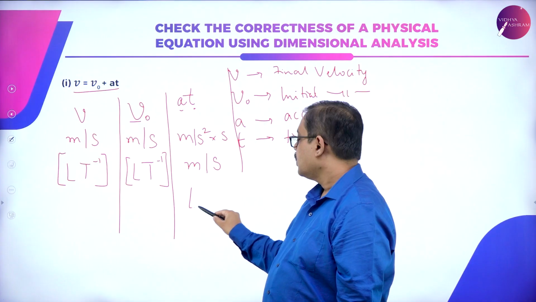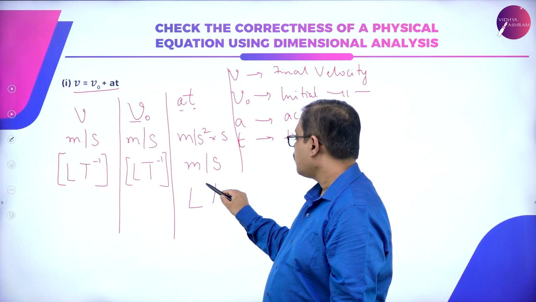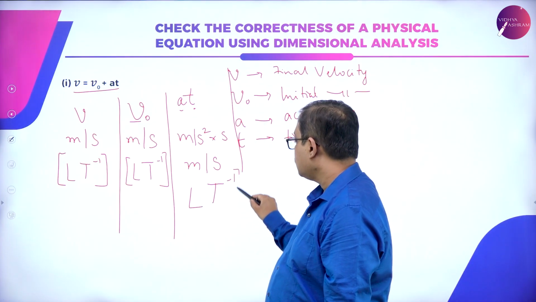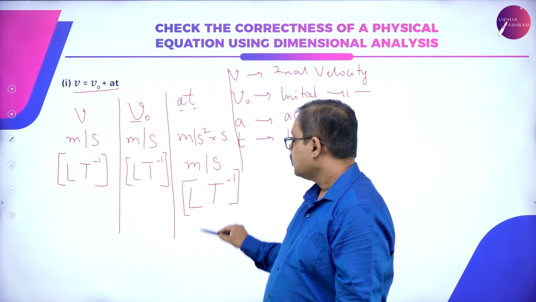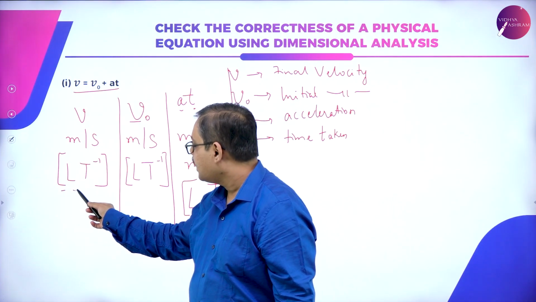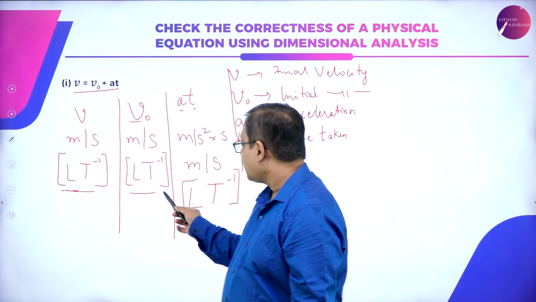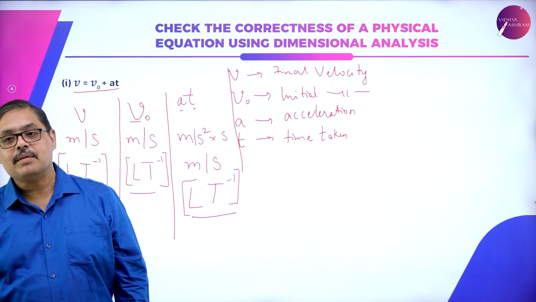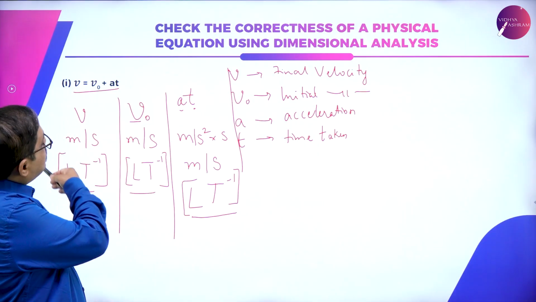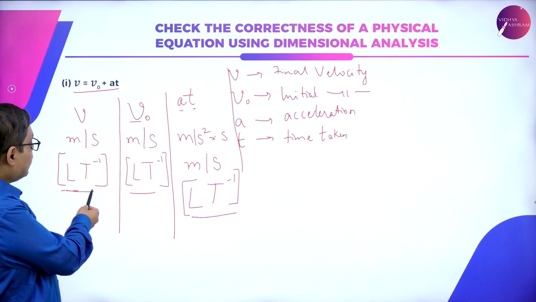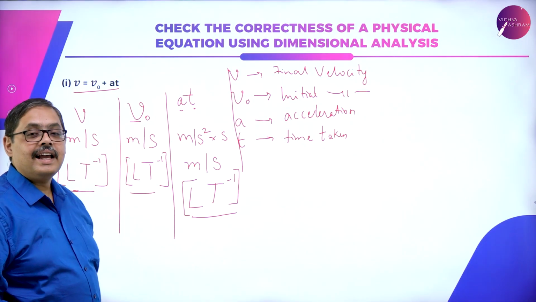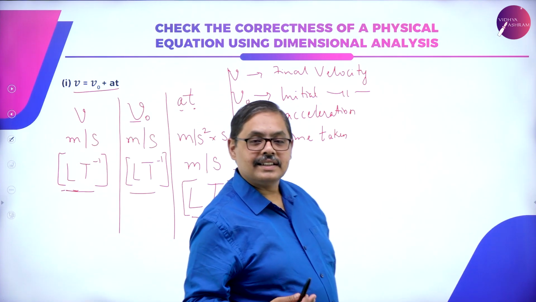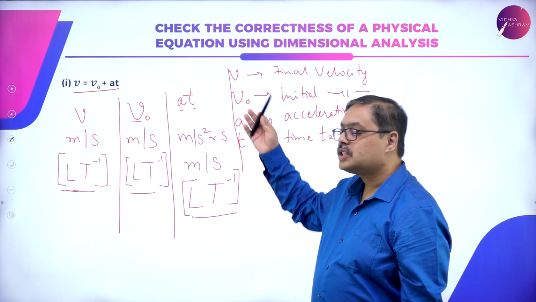For meter, you have L to the power 1, and for per second, you have time T to the power minus 1. With this, I can understand that the terms on both sides of the equation have the same dimension. In the LHS as well as the RHS, all the three terms have the same dimension. Hence, I can conclude that this equation is dimensionally correct.